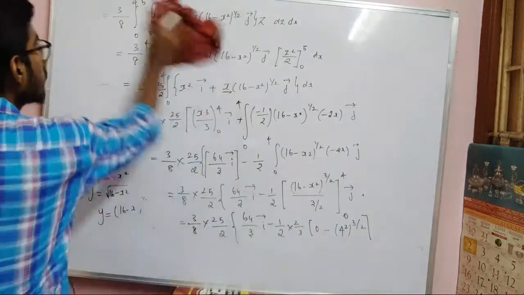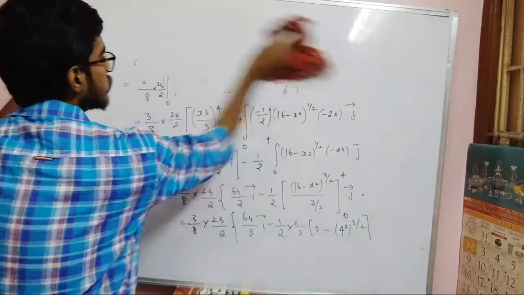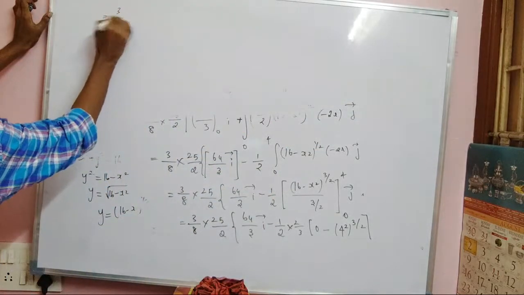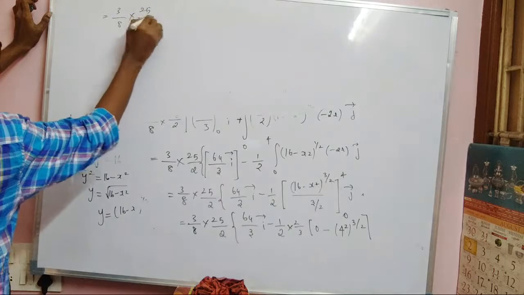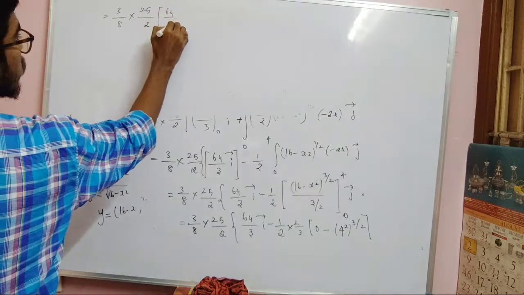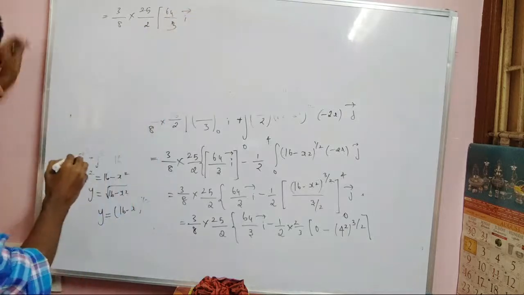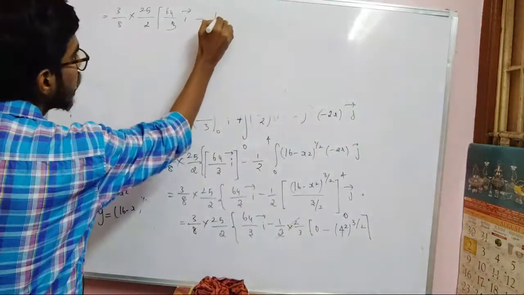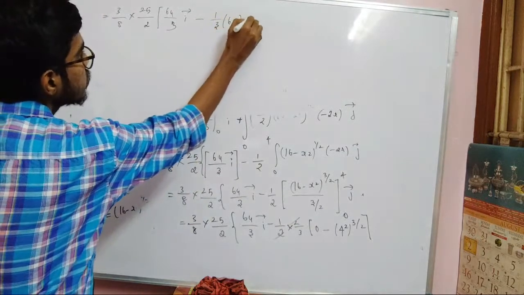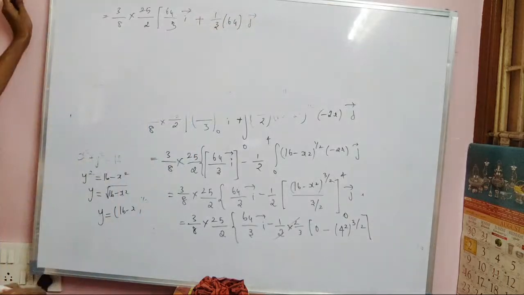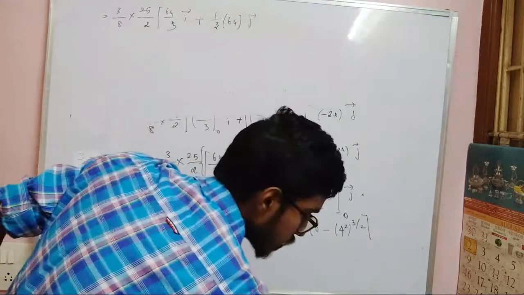So overall, we have 3 by 8 into 25 by 2, and this is 64 by 3 i vector, and here this 2 will get cancelled. So we have minus 1 by 3 into minus 64 j vector, and the minus minus will be plus. This is the required answer.